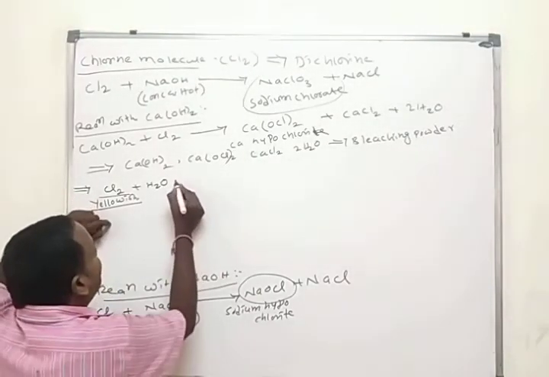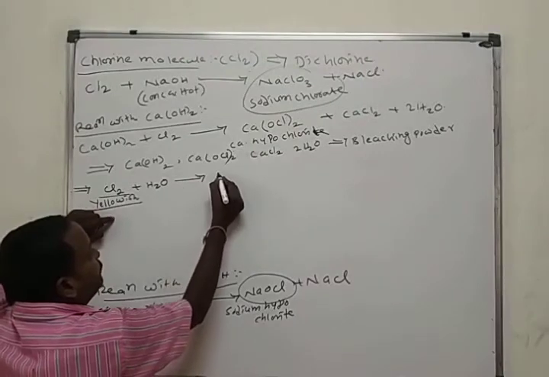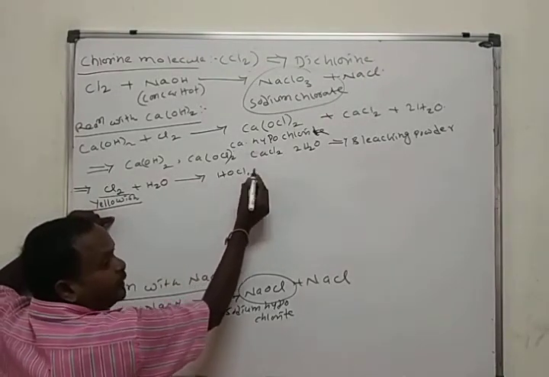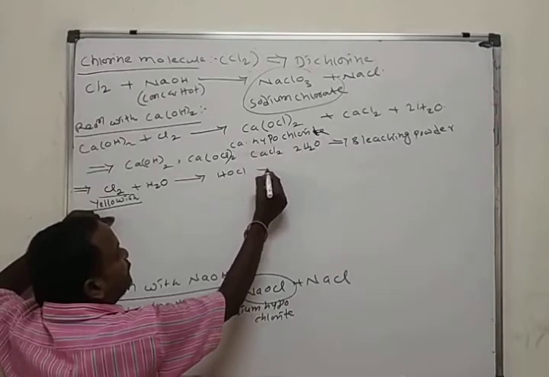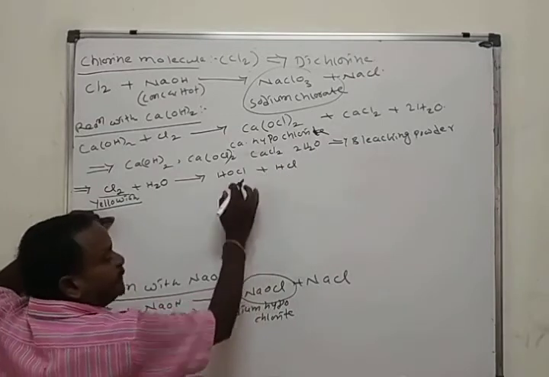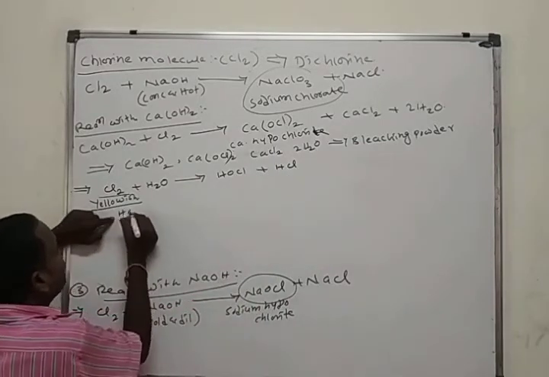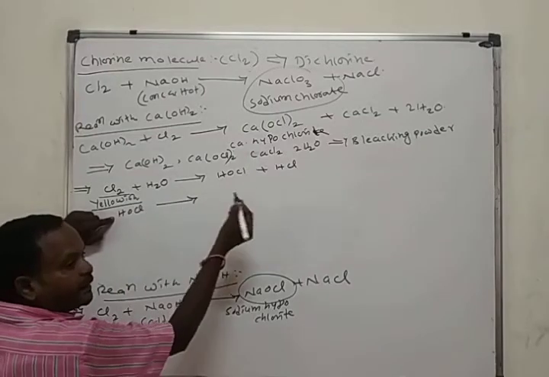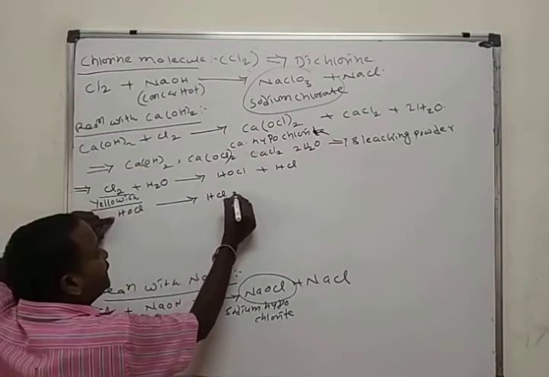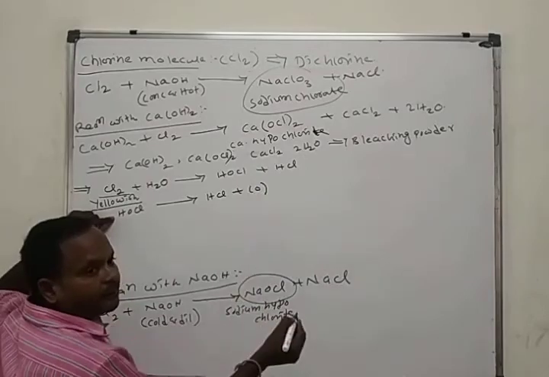What happened? Chlorine reacts with water and forms hypochlorous acid and hydrochloric acid. This hypochlorous acid again converts into hydrochloric acid along with nascent oxygen.